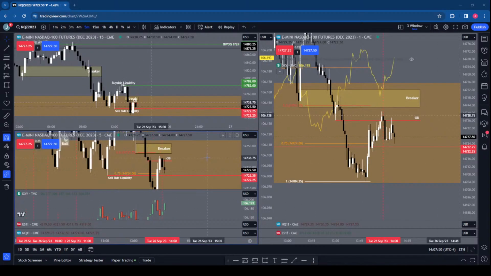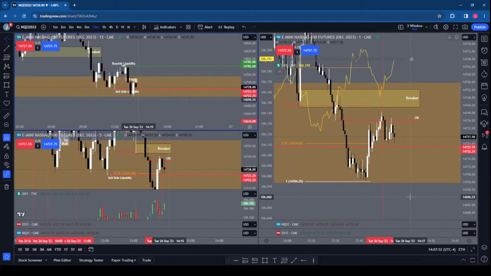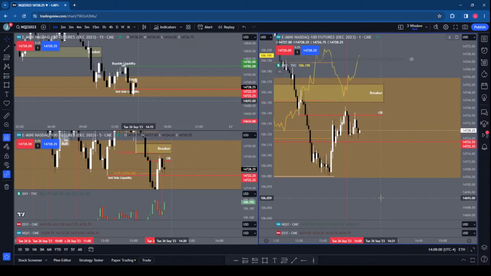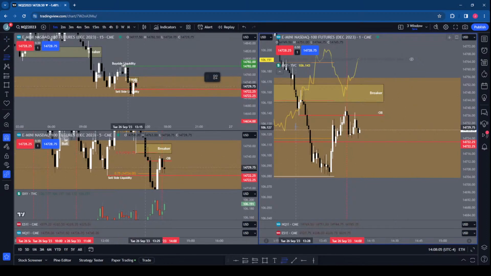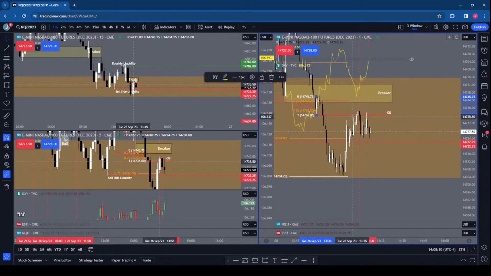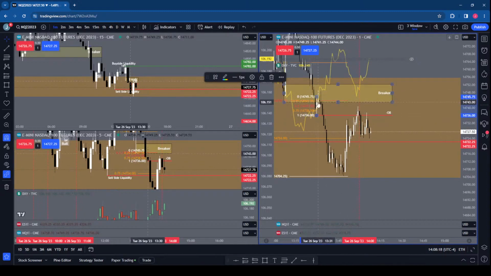Looks like it wants to take a higher high. You can see that if this is the order block we're looking at, we stayed right below the mean threshold of it.